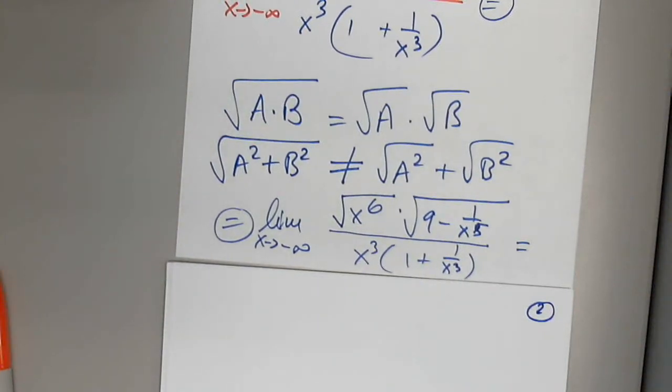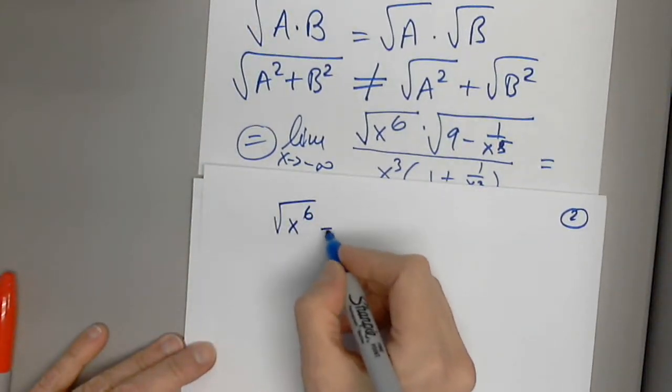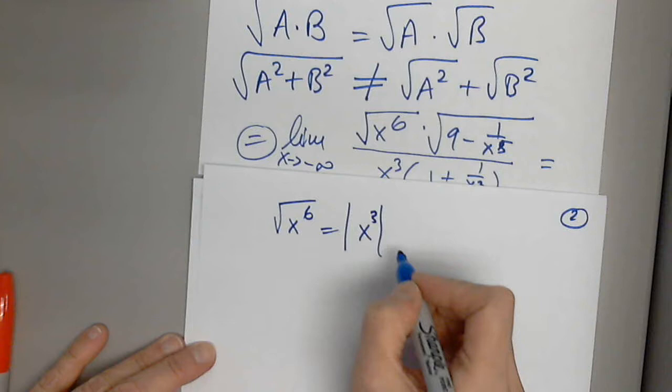Okay, so now, remember what happens with the square root of x to the 6th. The answer should be the absolute value of x to the 3rd. But since x approaches negative infinity, I'm going to write it anyway for you. So the square root of x to the 6th is the absolute value of x to the 3rd.